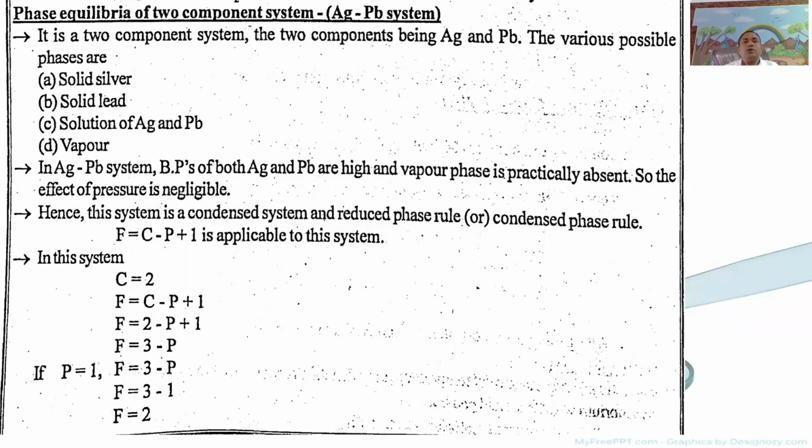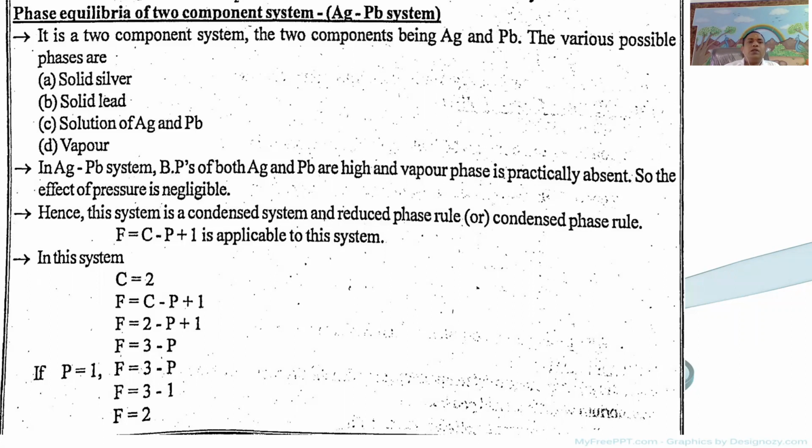In the silver lead system, first, the system consists of 4 phases: solid silver, solid lead, liquid silver lead and vapor phase.